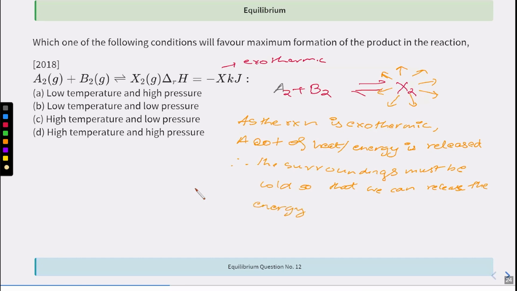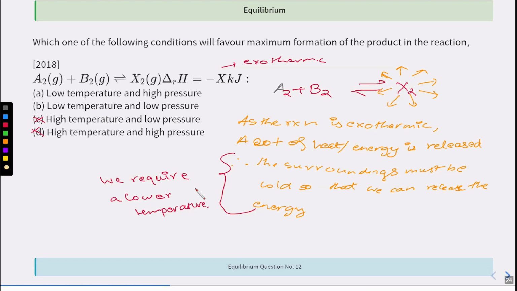Make sense? Therefore, we require a lower temperature. So a low temperature is one of the reasons. Now we have to talk about pressure. Let us talk about the pressure.